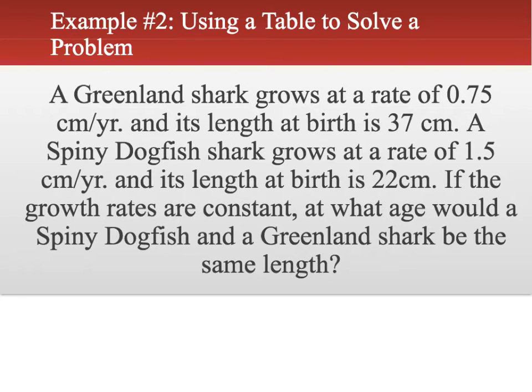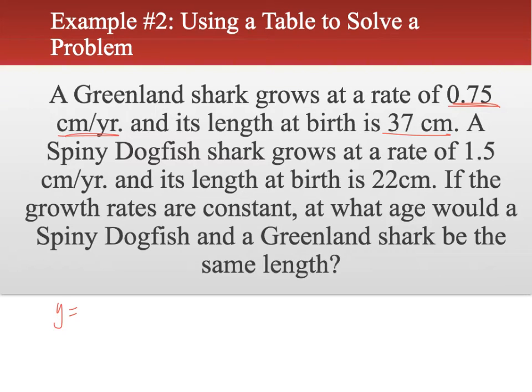So the first thing that we're actually going to want to do is create an equation based off of this information. So be sure that we can still remember how to write a function rule, but really, in this case, we're just writing an equation because we're not exactly sure if it's a function or not, even though technically it is. Okay, so for the Greenland shark, the information that matches together is the 0.75 centimeters per year and the length at birth, which is 37 centimeters. Remember the rate, right? Because we talk about slope as rate of change. The number that is associated with the rate is going to be our slope.